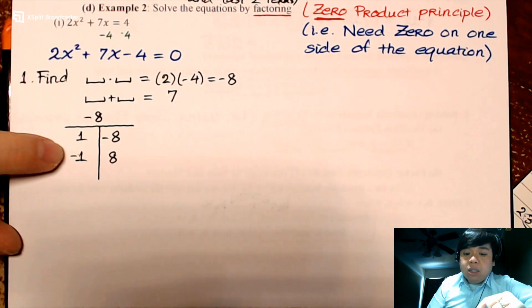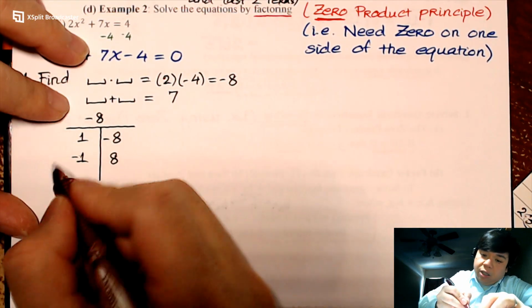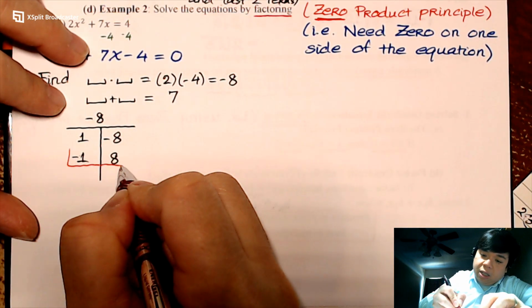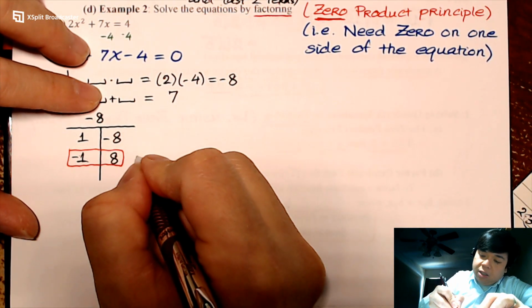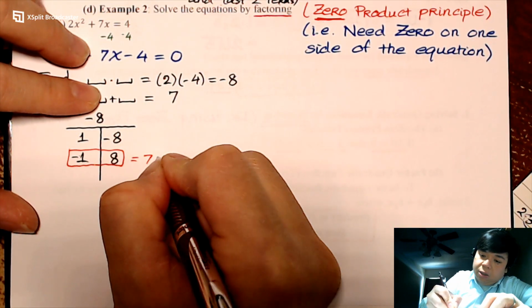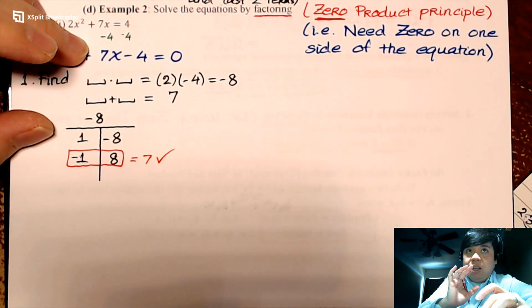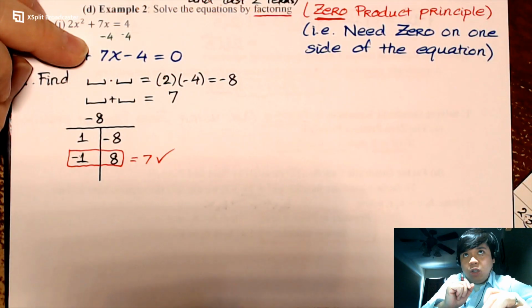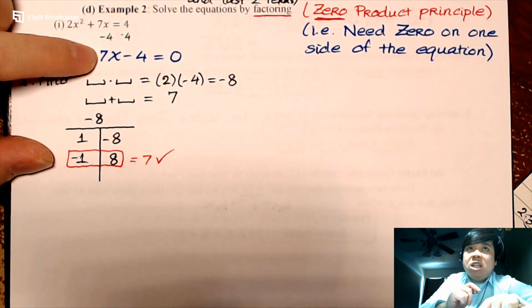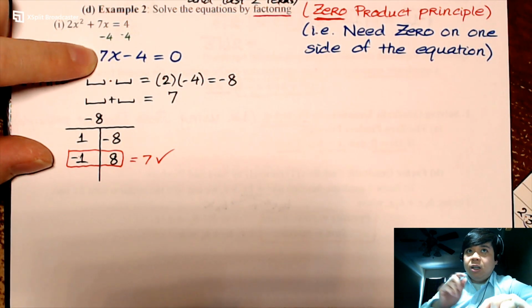And we see that these two, negative 1 times 8, add up to 7. So we have negative 1 and 8. Those are the two numbers. That means we'll split 7x as negative 1.